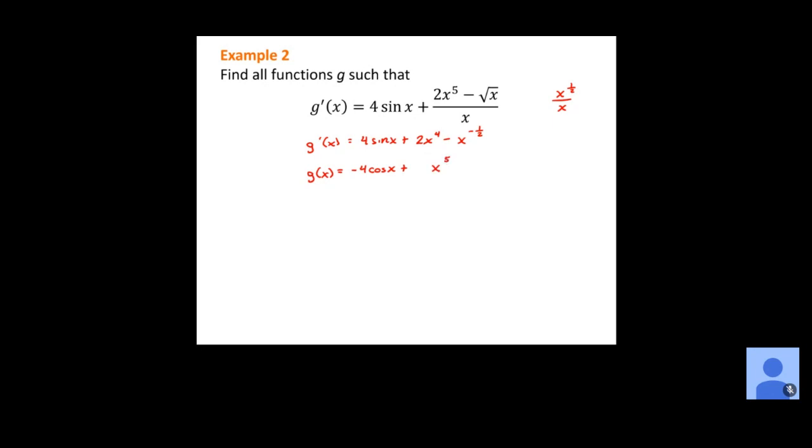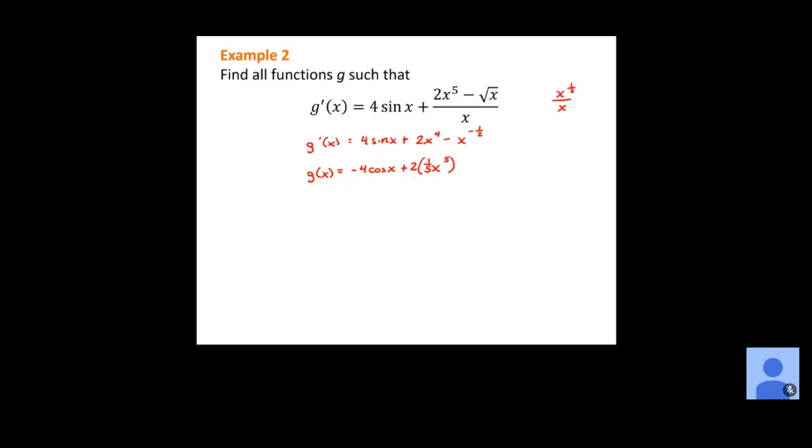And then we're going to divide by the 5, or put a 1/5 out front. And then we can keep the coefficient that was already there. Okay, so that's probably the easiest way to think about it. Keep the 2, raise your exponent by 1, and then we're going to multiply by 1 over that new exponent. So that's where the 1/5 comes from. Okay? Any questions about that term?